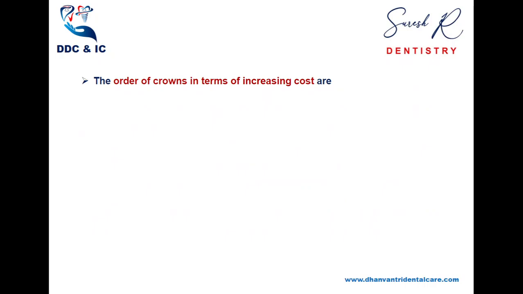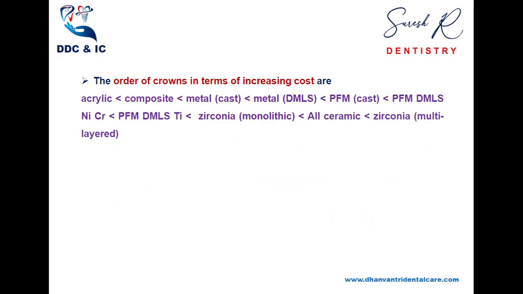So the order of crowns in terms of increasing cost: the acrylic crown is lesser in cost when compared to the composite crown, which is again lesser in cost when compared to the metal crown. Among the metal crowns, the DMLS crown is costlier than the cast crown.